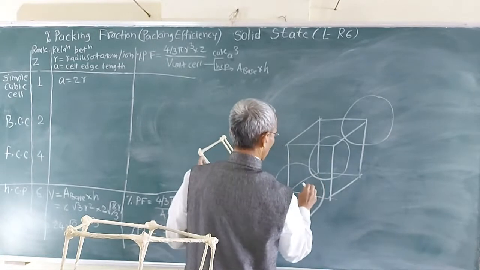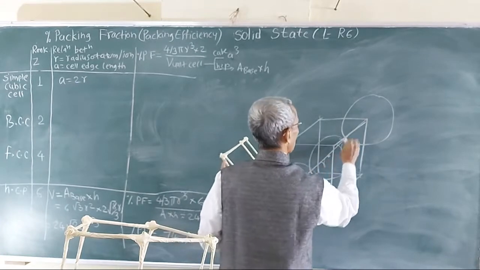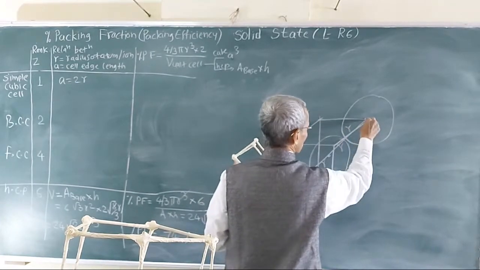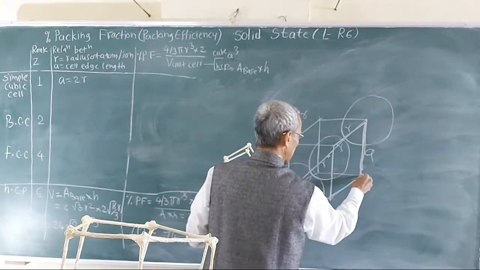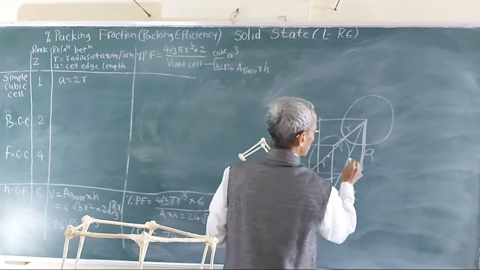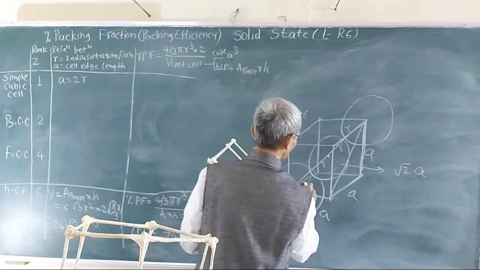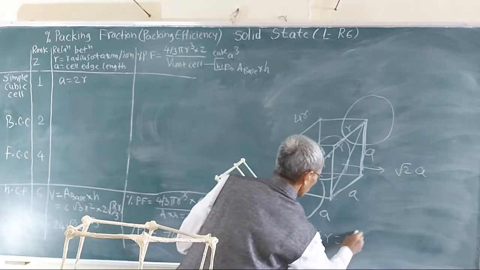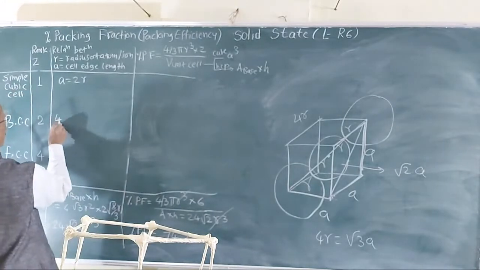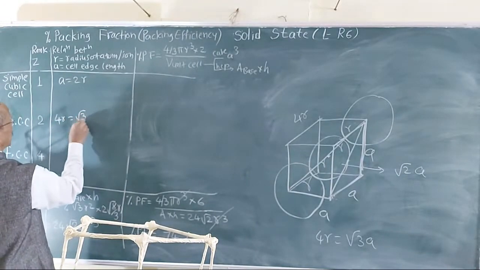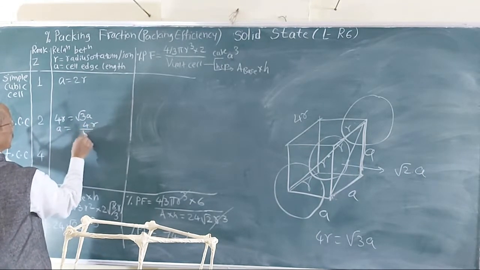This is r, and 4r is this one. This is a, this is again a, and this is again a. So this is again one of the right angle triangles. So this is nothing but square root 2 a, and 4r is equal to square root 3 a for this BCC type. So here we can write 4r is equal to square root 3 a, or a is equal to 4r by square root 3.